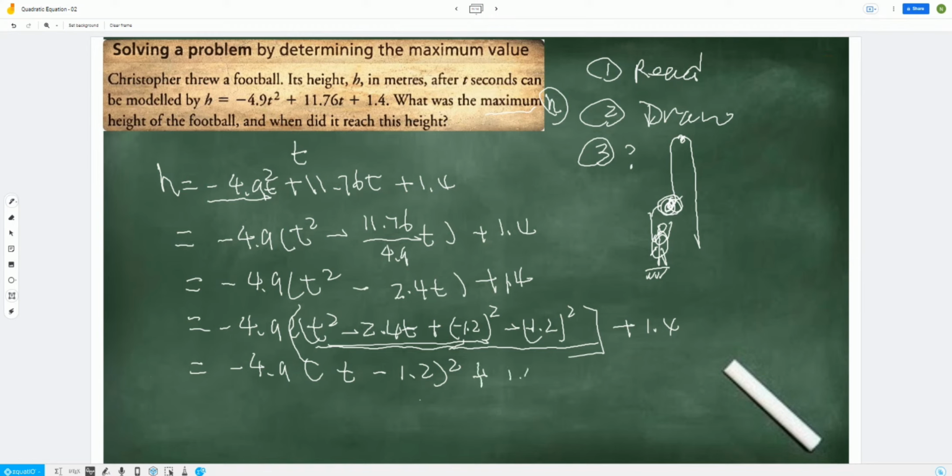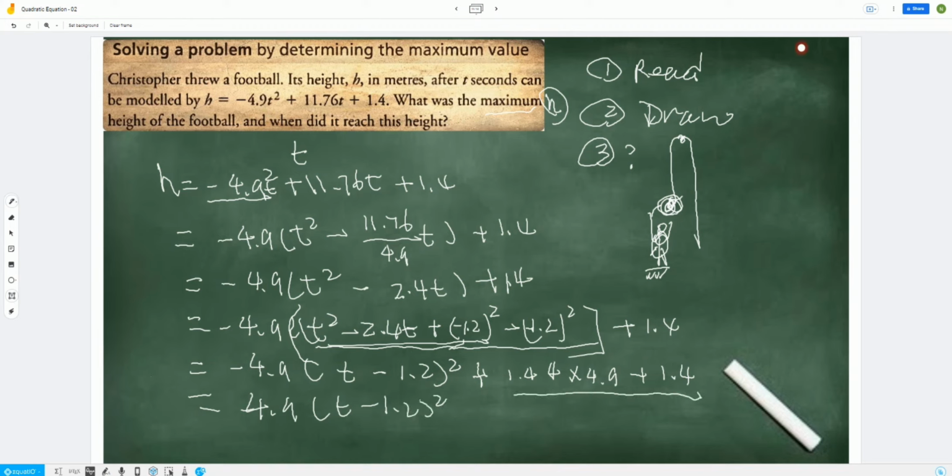1.44 and then times 4.9, right? Plus 1.4, right? So this negative, this should be positive because this is a minus. Okay, cool. So continue, negative 4.9 times t minus 1.2 squared. So we do this.